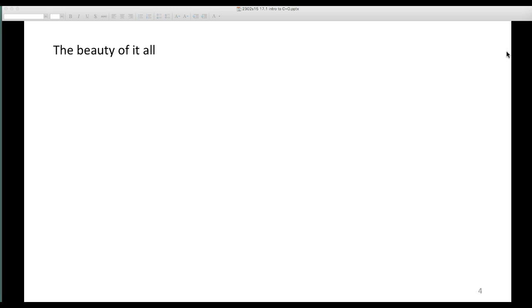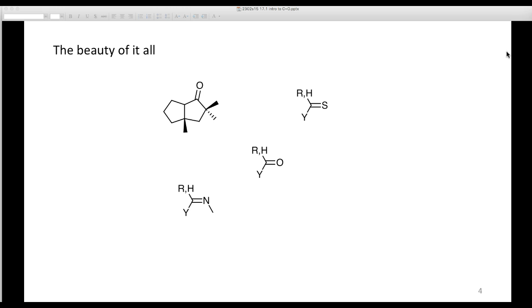So you're thinking, I don't have any room in my head to learn any more new reactions. But wait, look, the beauty of OChem. This guy here, they're all just polar bonds between a carbon and a more electronegative atom. They're all going to undergo the same exact reactivity pattern.